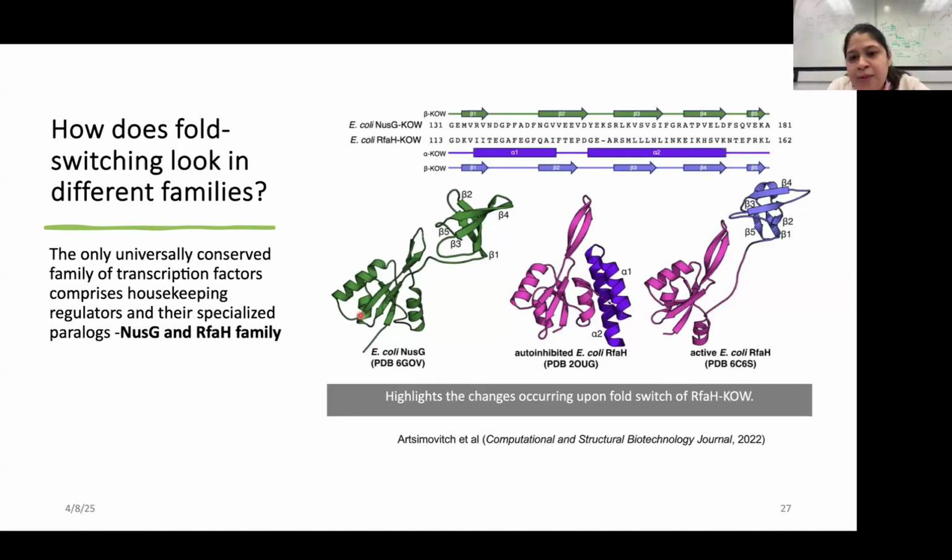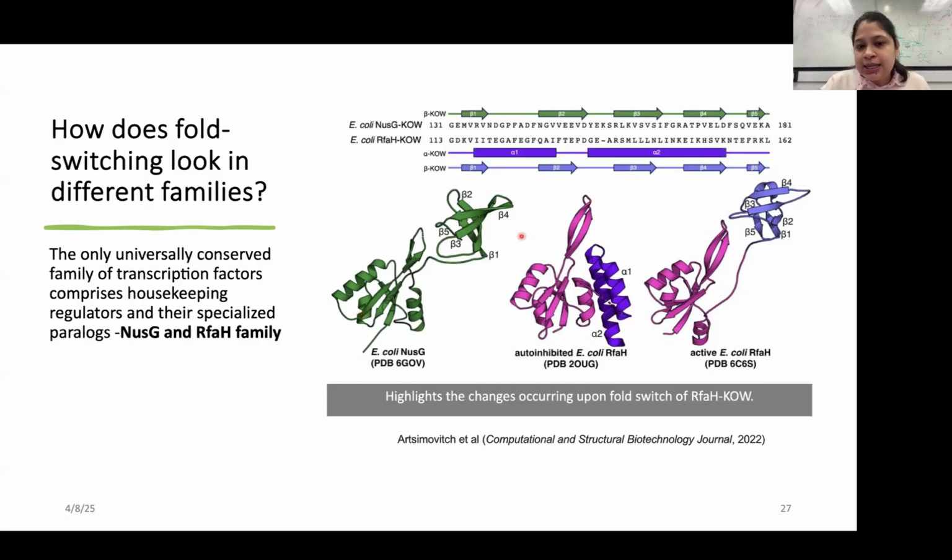They have a lot of members in their family, and in a paper which Lauren wrote in 2022, I believe, in Nature Communications, she showed how fold switching was pervasive in the family, using computational prediction and labeling the members of the family which switch fold and do not switch fold. And she followed up with experiments to verify those predictions.